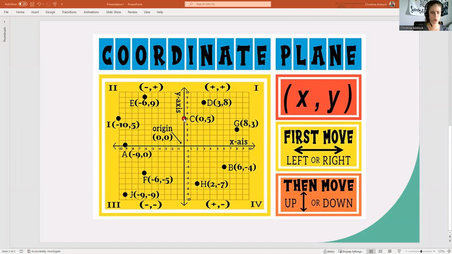And then let's just look at one more point. If we look down here in the third quadrant at point F, that's (-6, -5). So we started here at the origin, at the center, and we went -6 along the x-axis, and then moved down -5 along the y.